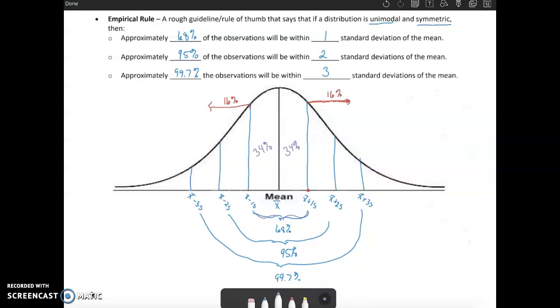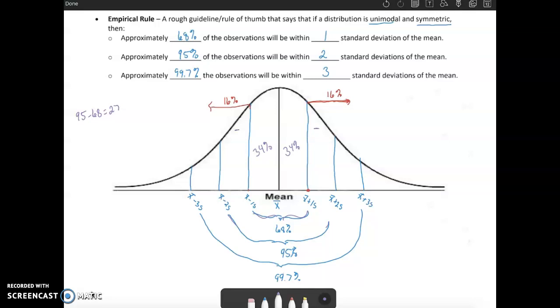Okay, if there are 95% of data observations within two standard deviations, but we already have 68% filled in right there, I'm going to do a little calculation out here. 95 minus 68 is 27. So there are 27% to be filled in here and here.